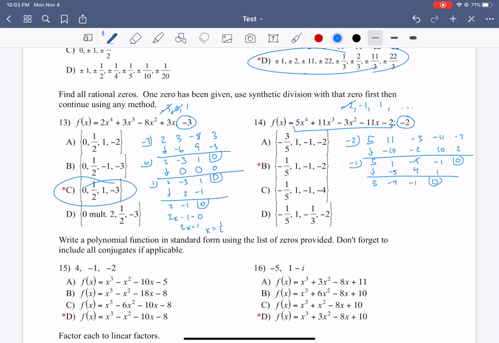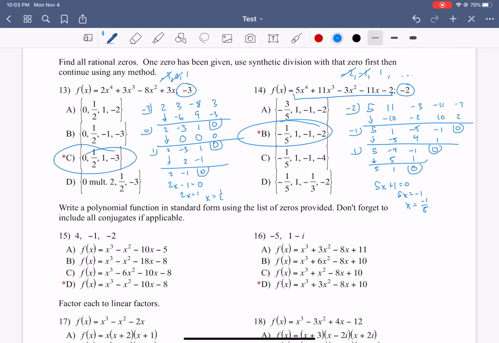We get another 0, perfect. And the next one. All right, so that means we have 5x plus 1 equals 0. So 5x equals negative 1. So x equals negative 1 over 5. So again, that's how we get our answer.